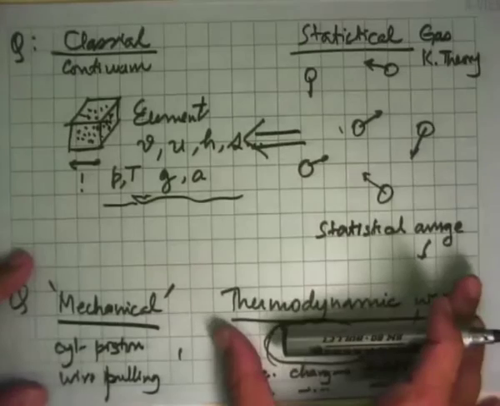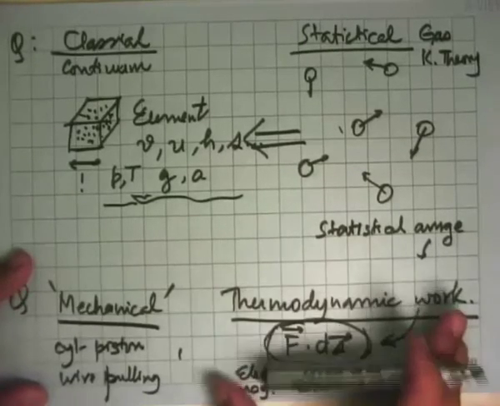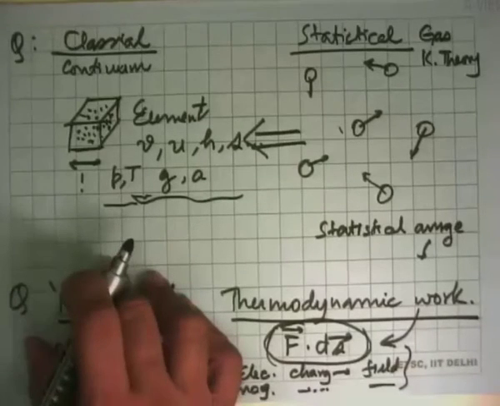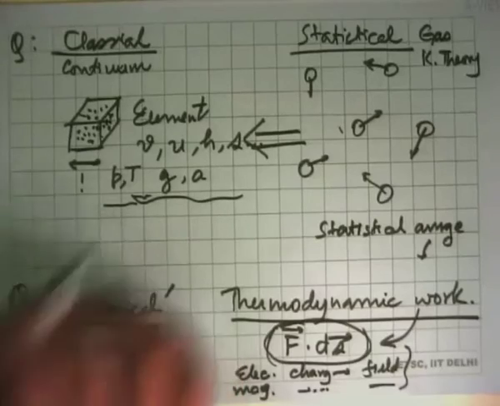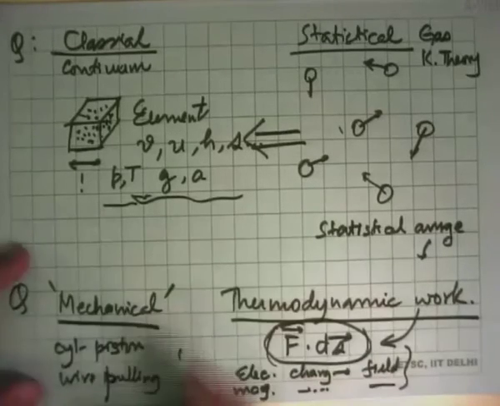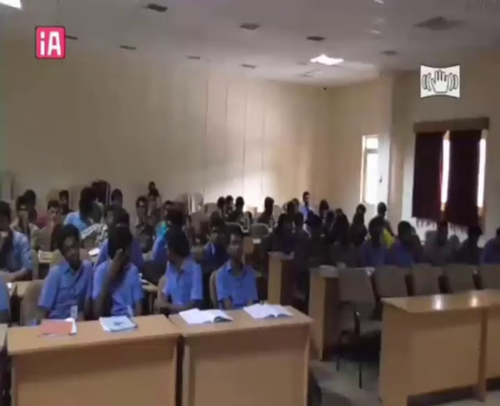So this is a much broader, over-encompassing definition of all types of things where F dot ds takes place. Mechanical work we look at largely only as a rigid body being acted upon and a displacement taking place. Okay, so that is the difference. So mechanical work is a subset of thermodynamic work. Yes?